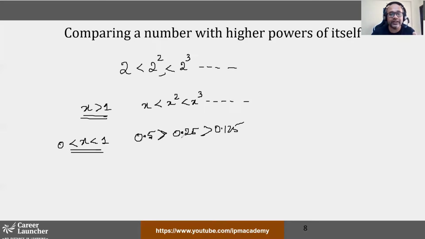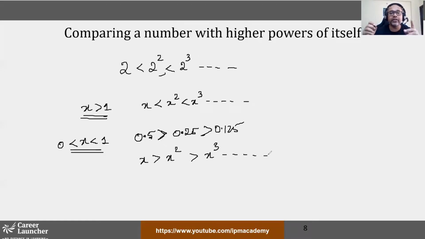So the observation here is that when x is a fractional part between 0 and 1, the higher the power you take, the lower the value becomes. So in such a case, x is actually greater than x square, because the value decreases when you square, which is greater than x cube, and so on. This is something you have to keep track of.